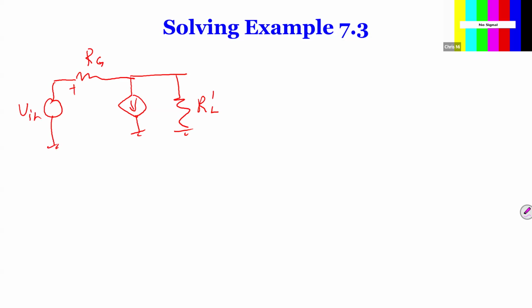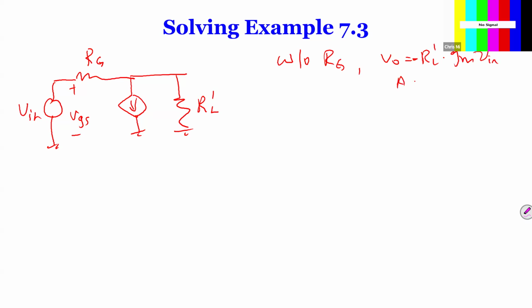And of course, from here, also called VGS, it's the same thing. So without RG, our VO is just simply RL prime times GM, with a minus sign, times VGS.